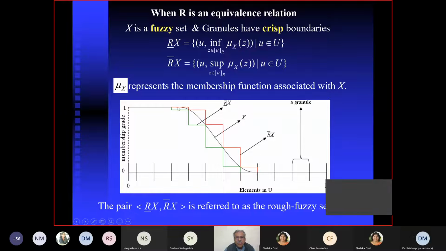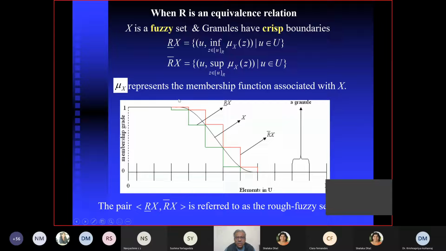You take the minimum, the infimum, and the supremum. If you take the infimum or supremum, you get the lower approximation. That means any granule belonging to it has a membership value, definitely indicated by the green line, that cannot be less than this.